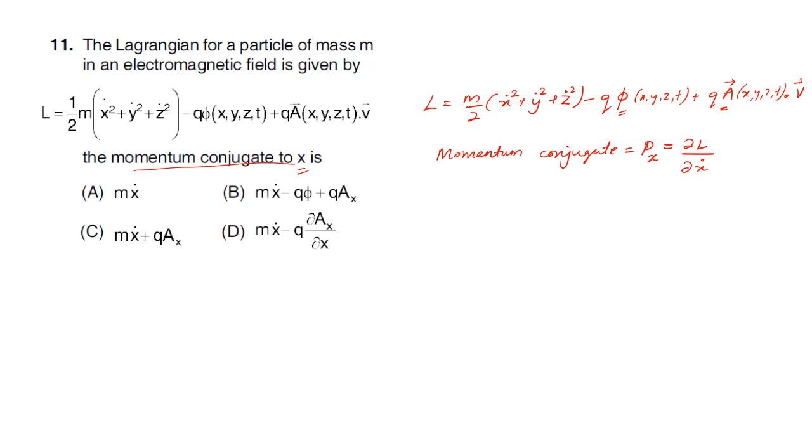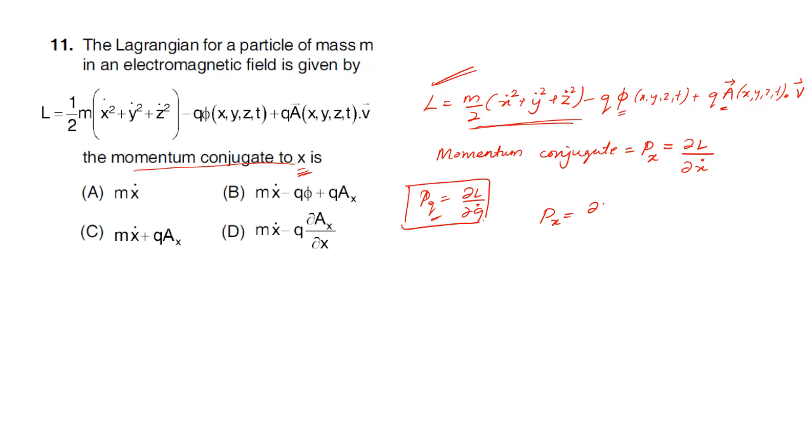So in general momentum conjugate for coordinate q is given by ∂L by ∂q̇. This is important, and this Lagrangian is also important. Then we have to find momentum conjugate to x.